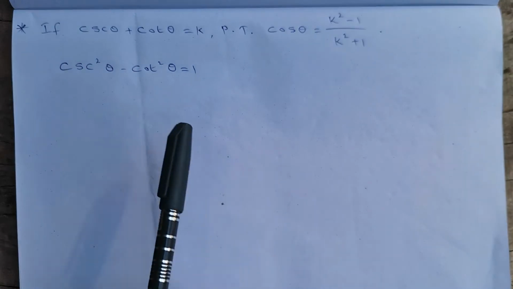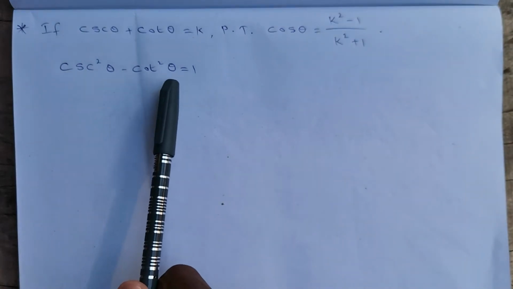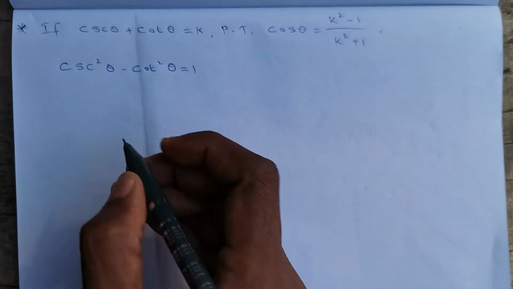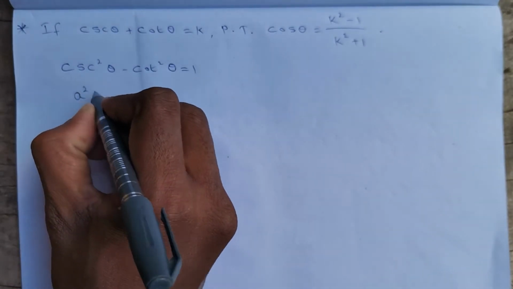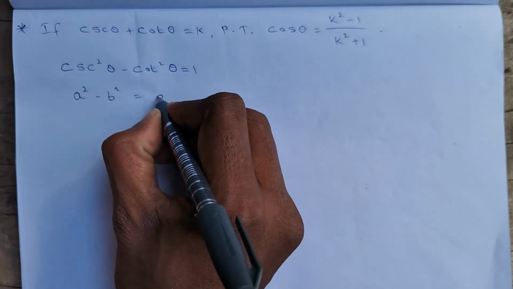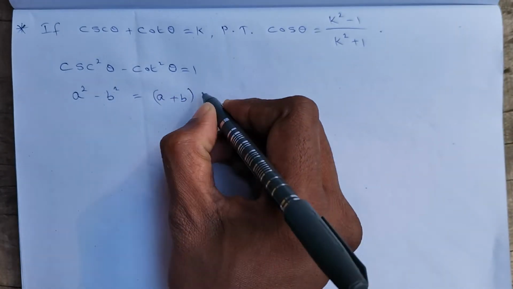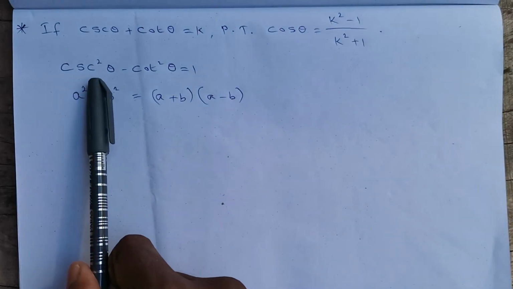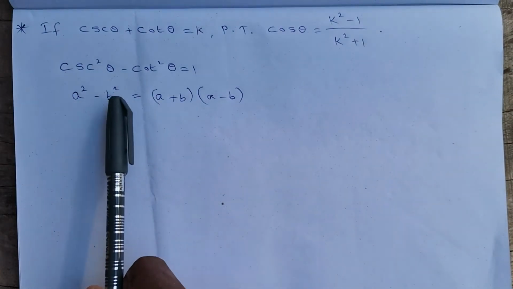Here cosecant square theta minus cot square theta is in the form of a square minus b square. So a square minus b square is equal to (a plus b) into (a minus b). Here cosecant is a and cot is b.